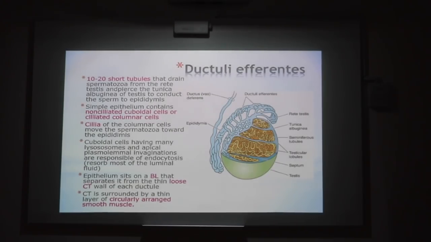So this is the first place after the seminiferous tubule that you start to see smooth muscle fibers. Yes, they would contract and push the sperm, because sperm still do not have any motility. They acquire motility when they reach the epididymis.